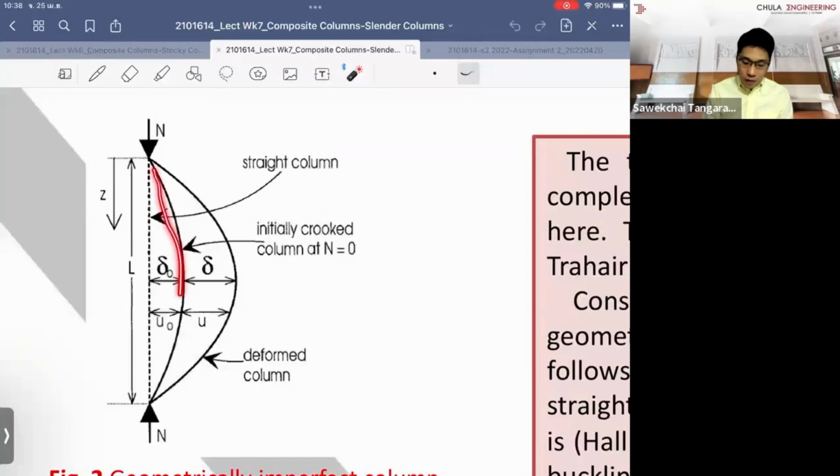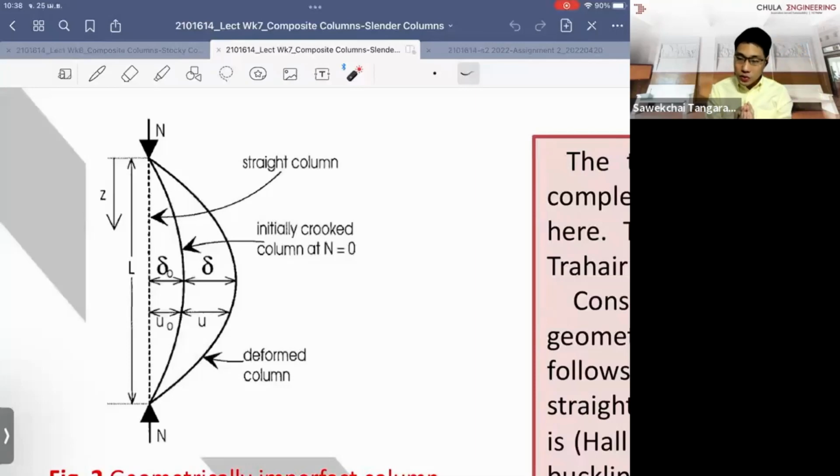When the out of plane action has formed, what happens? We have the member deflection, which we call the small delta. The small delta is the secondary deflection of the member from the column, because theoretically, when the column takes the axial force, it should deform along the column line, basically shortening.